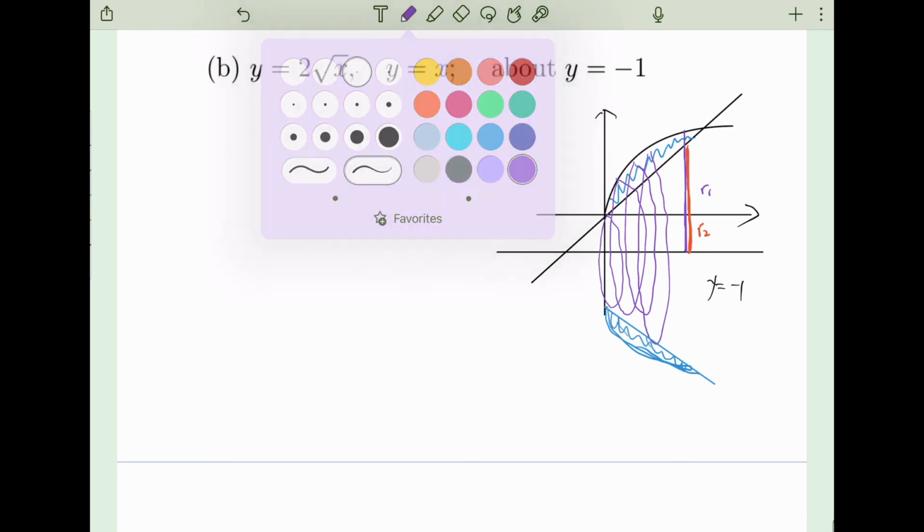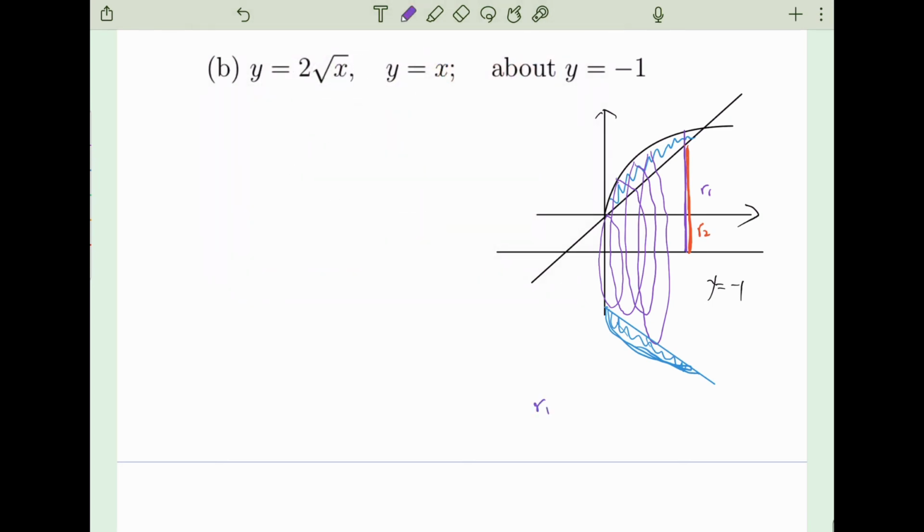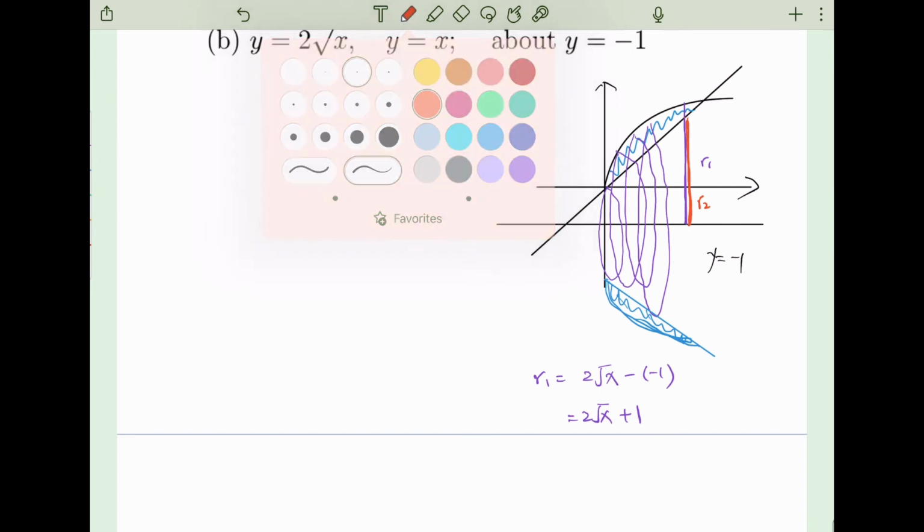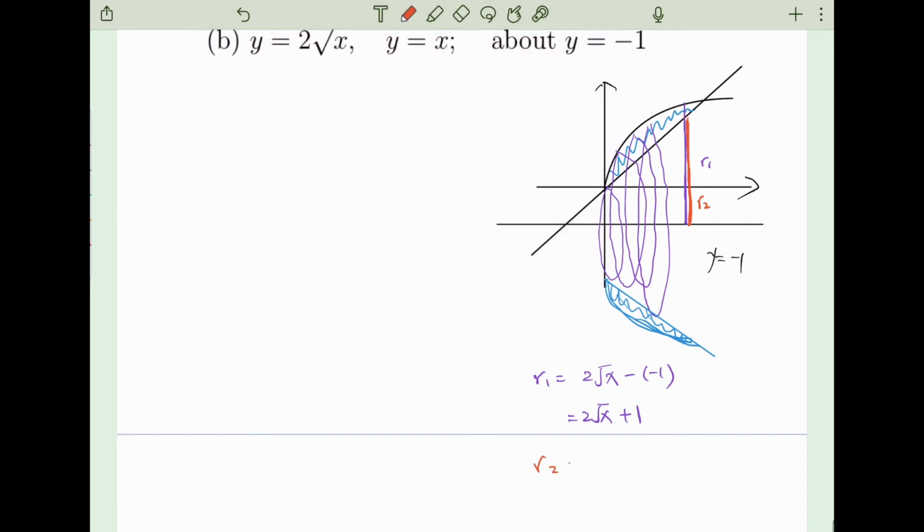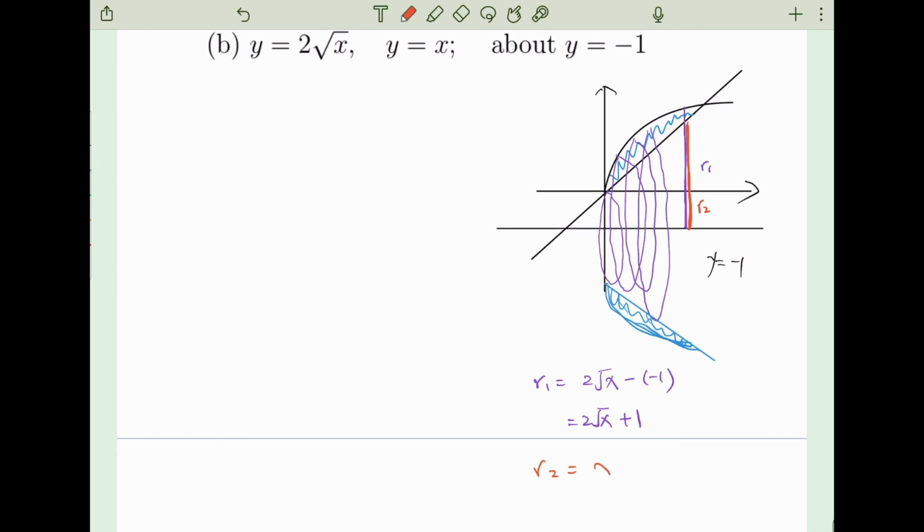So radius 1 is the difference of the y coordinate of the square root function minus the y equal to -1. So it's 2 square root of x minus negative 1, which is 2 square root of x plus 1. Radius 2, it's the straight line, that's y equal to x minus negative 1, which is x plus 1.